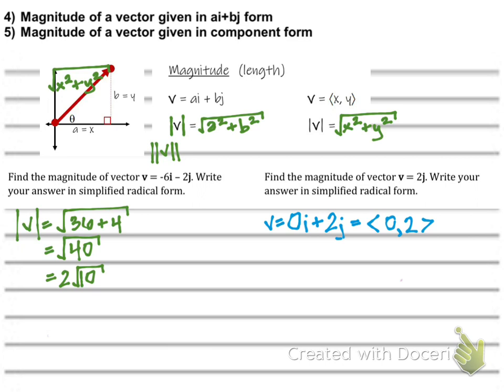So if I want to know how long that vector is, isn't it just 2? Right? It's just going up 2 units. I can do the Pythagorean theorem. Square root of 0 plus 4 is the square root of 4, which is 2, right? But understanding what that is makes it a little different.